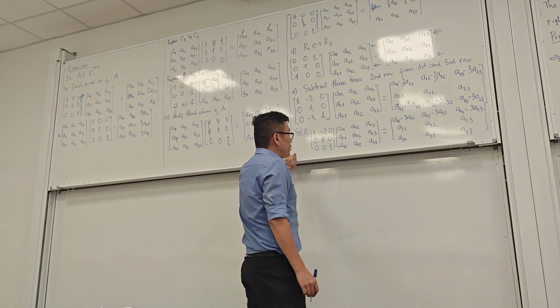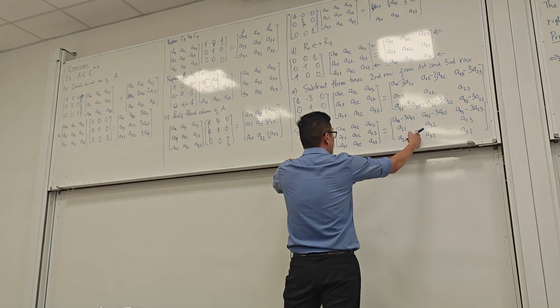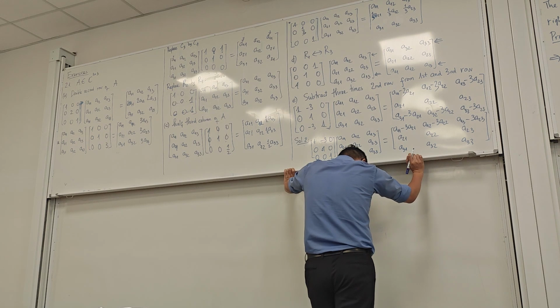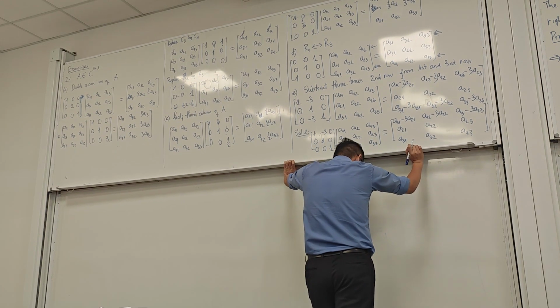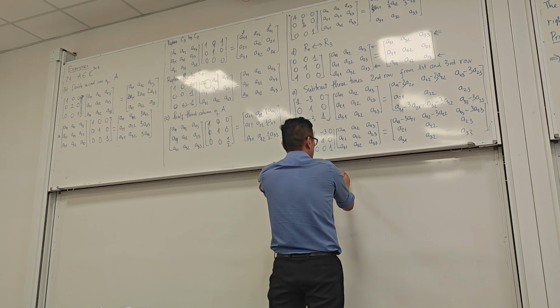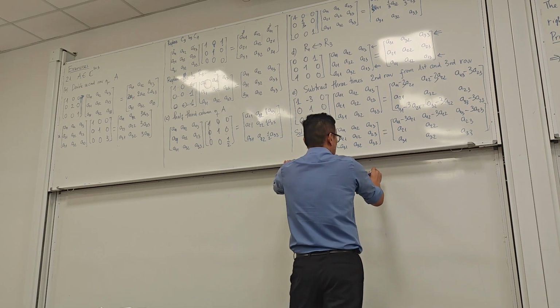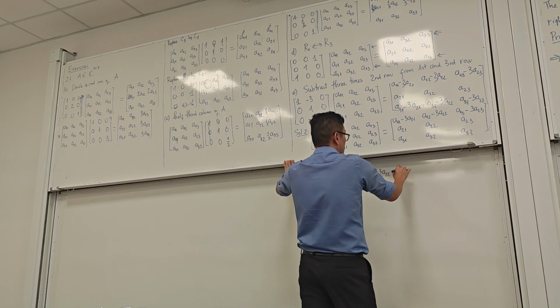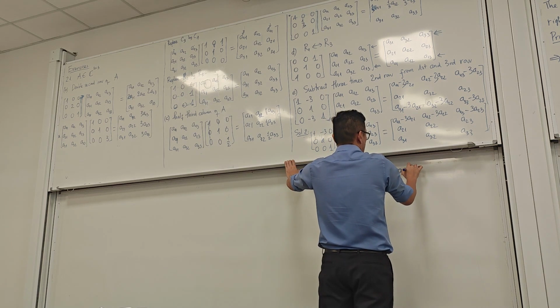Now, next I do the following, everyone. I start with this one. For example, I have A11 minus 3 times A21, A12 minus 3 times A22, A13 minus 3 times A23.